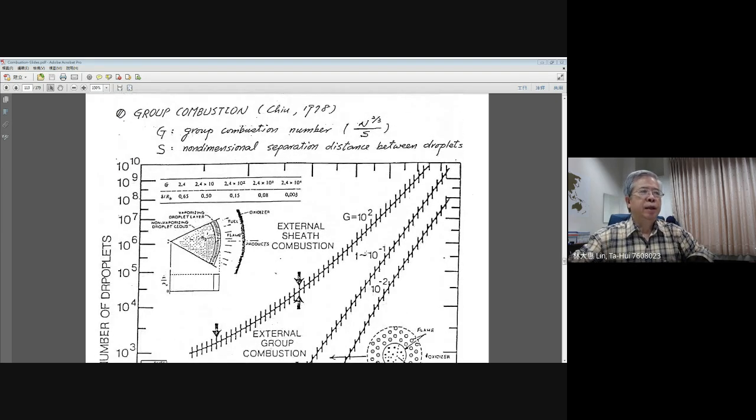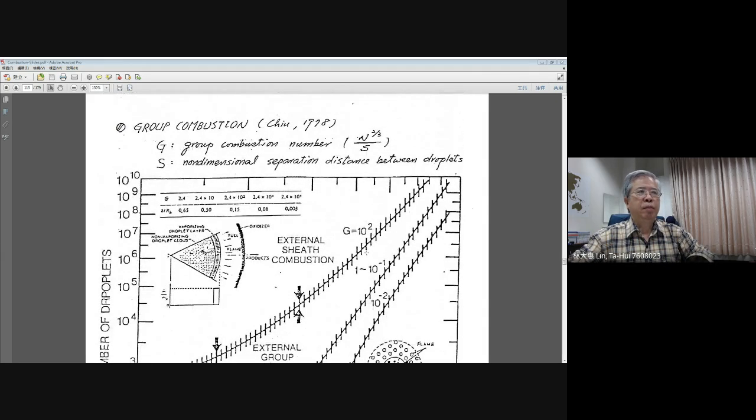You can see, based on the definition of the group combustion number, as you increase the number of droplets or decrease the separation distance between droplets, the G number, the group combustion number, becomes bigger.